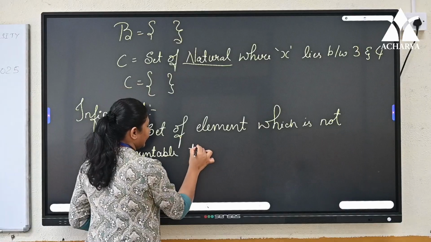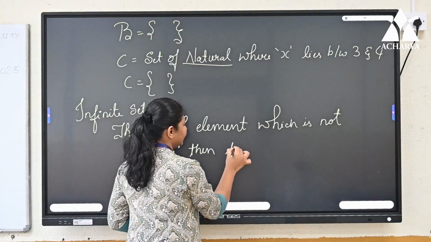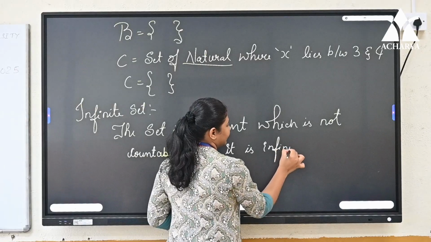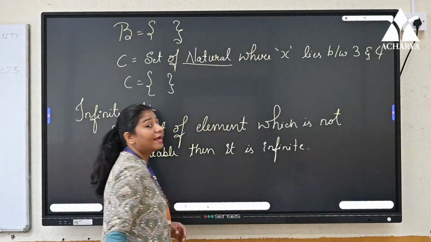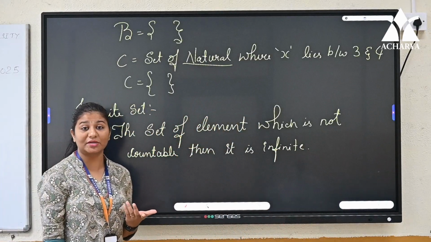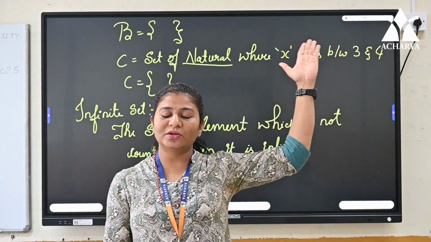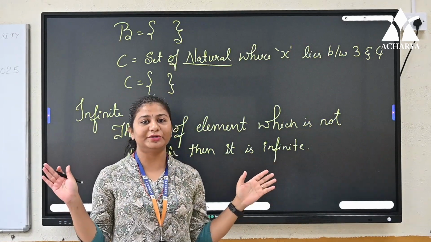For example, the set of all natural numbers. Is it possible to count? No. It starts from 1 and goes on. There is no end to it.